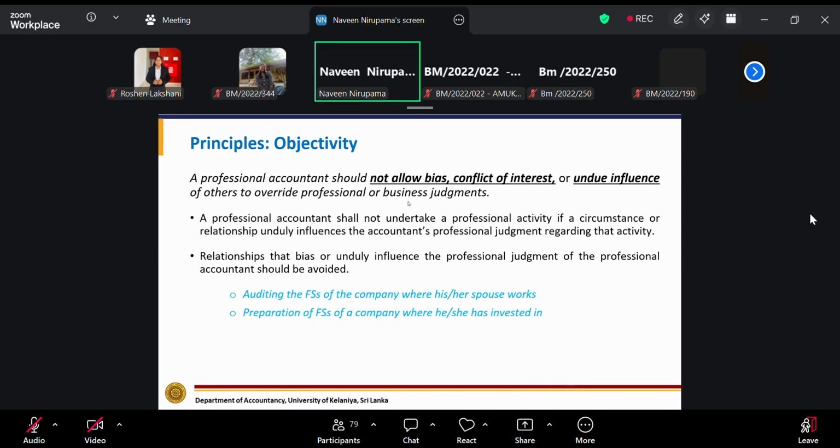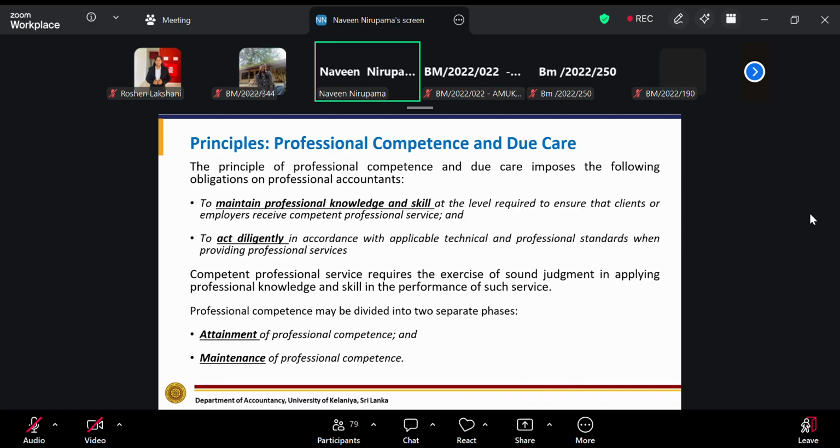And next, the principle of professional competence and due care. What is professional competence and due care?